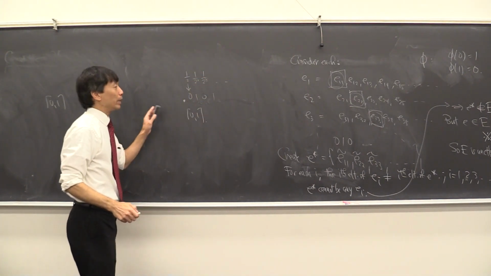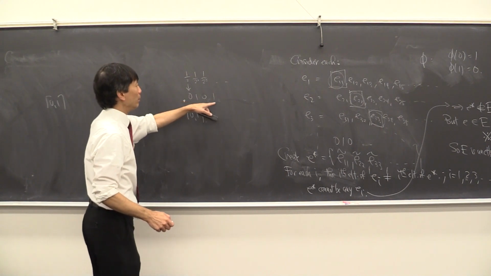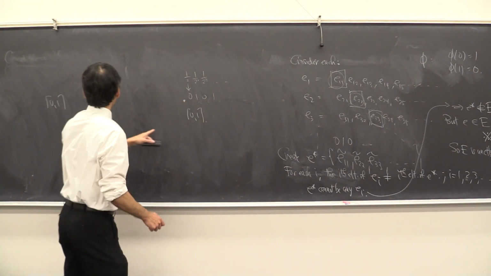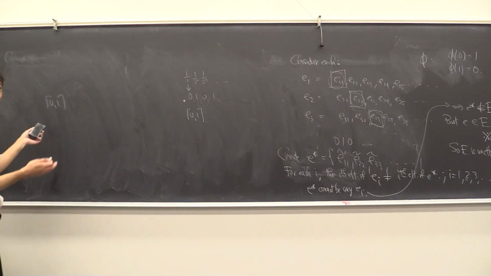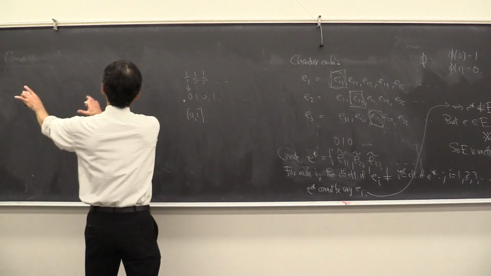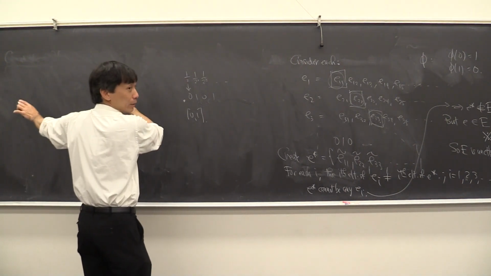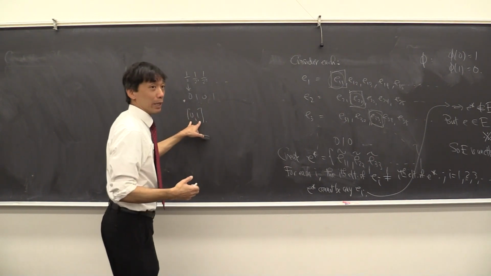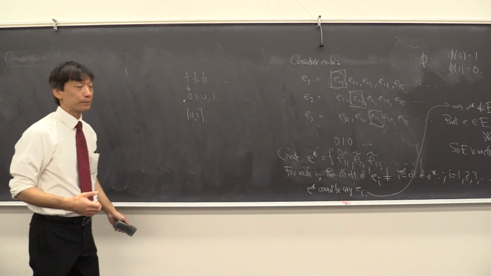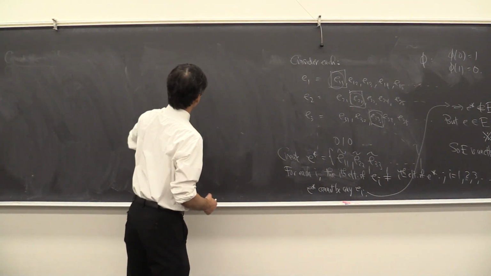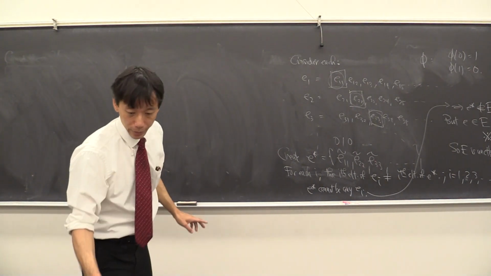So this is actually the binary representation of the numbers between 0 and 1, rather than using the clunky decimal representation. We didn't actually have to do the stuff on the left. The stuff on the right says 0, 1 is uncountable, and so R is uncountable.